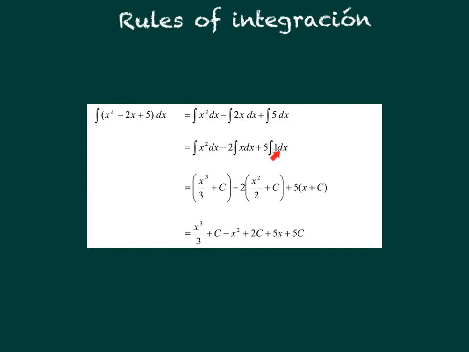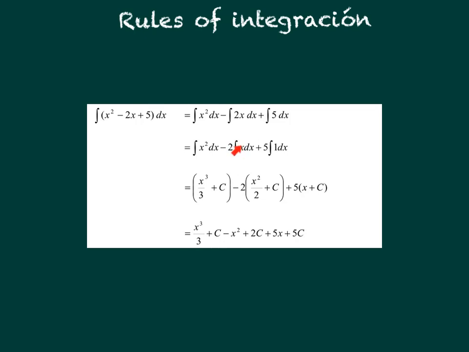The function is 1 because the constant is 5. Then here we're going to use the rule that says that the integral of x to the n times dx equals x to the n plus 1, so now it will be x cubed, over n plus 1, which is 3, plus a constant, minus the constant times the integral of x to the 1.